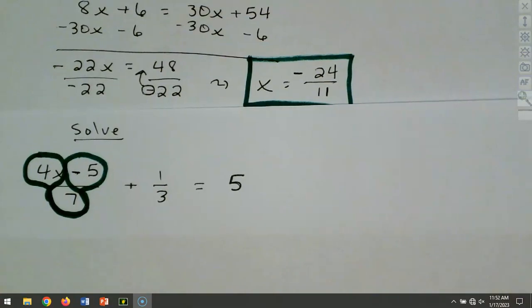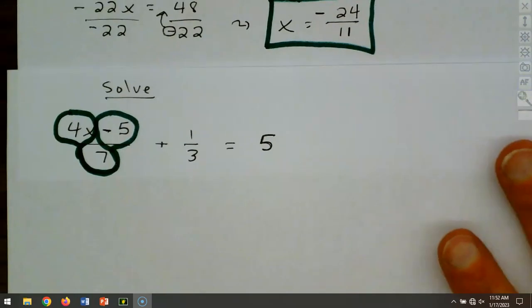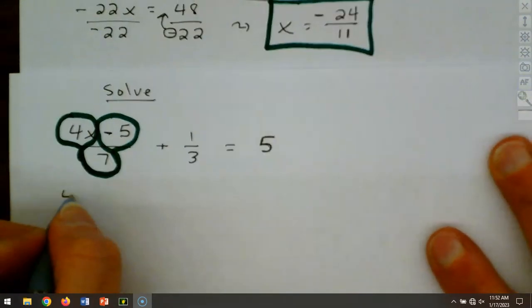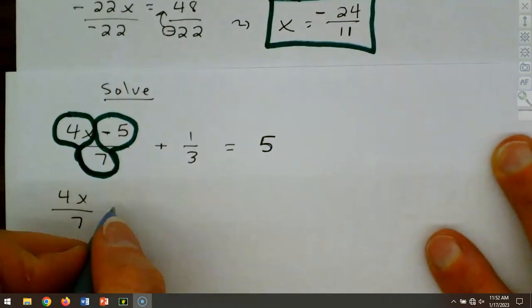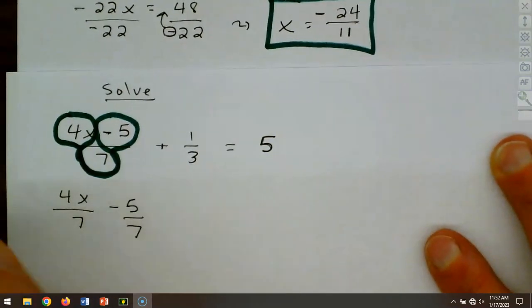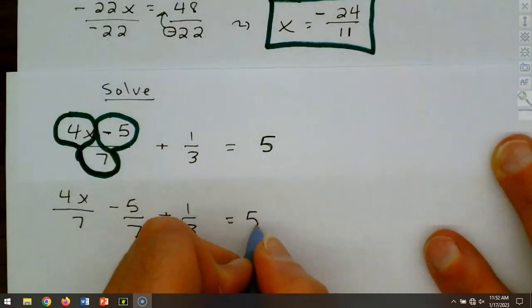And then we'll clear them out. So make this one fraction into 2. Rewrite this now as 4x over 7 minus 5 over 7 plus 1/3 equals 5.